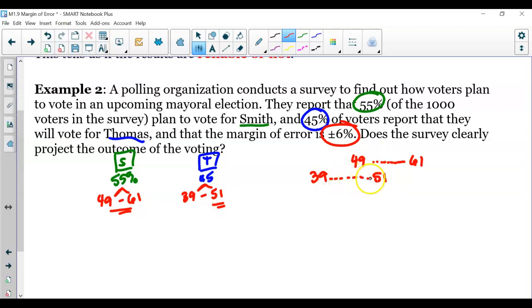So is there overlap in the data? Yes, from 49 to 51%. So can we project that there is going to be a winner? No. Due to the overlap, we cannot predict right now that Smith is the winner.